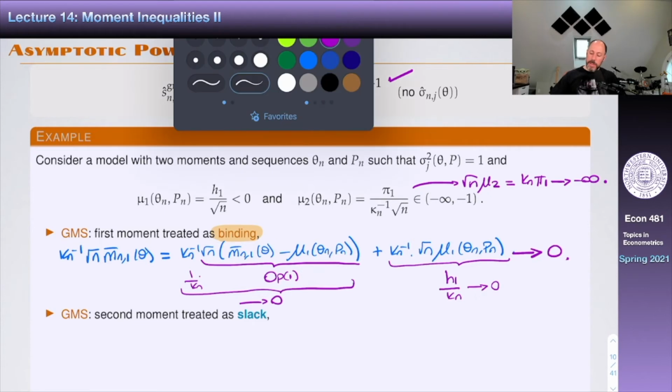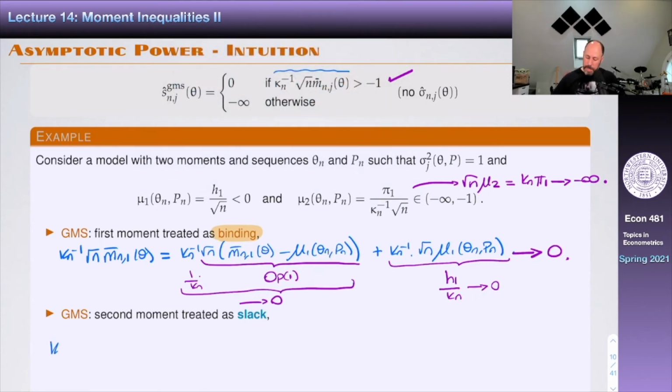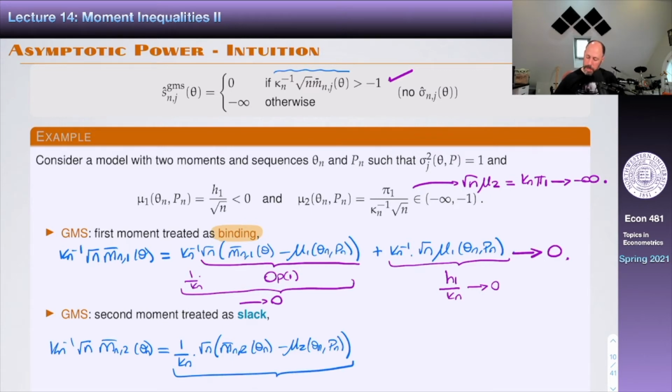Let's do the same for the second one. We have kappa n inverse square root n bar m2 theta n, if you want. And then here is going to be, again, 1 over kappa n square root n bar m2 theta n minus mu2 theta n pn. This, by the same argument as before, goes to 0.